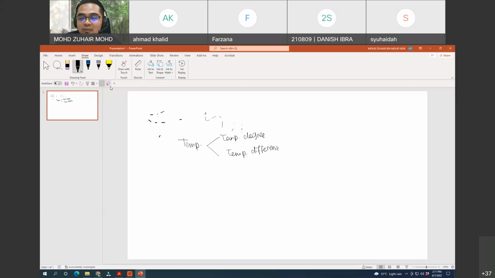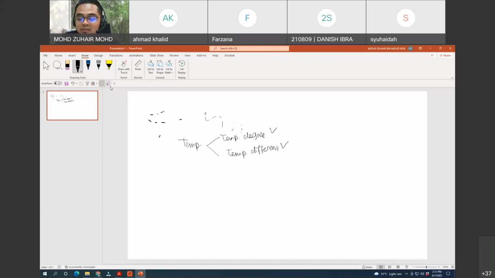Why? Because in any kind of question, students can get confused, since the way you answer temperature degree and temperature difference is a bit different. So it's up to you how you interpret the question.